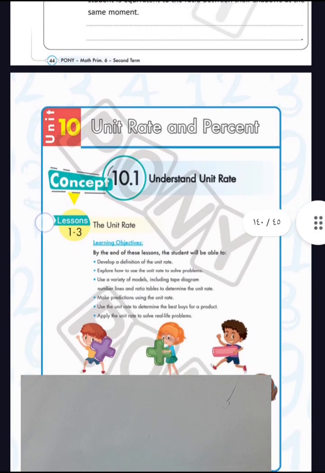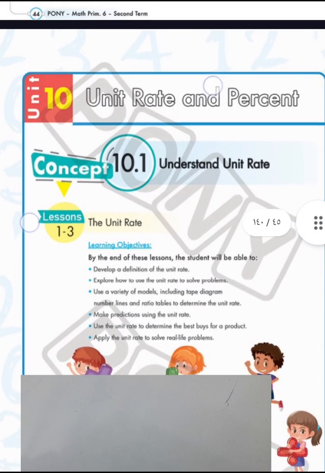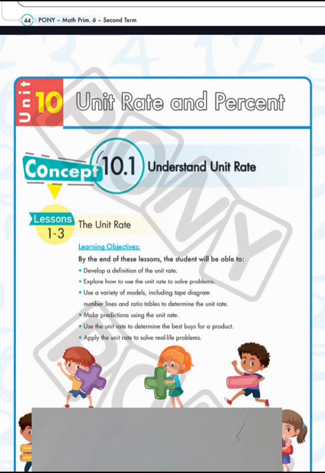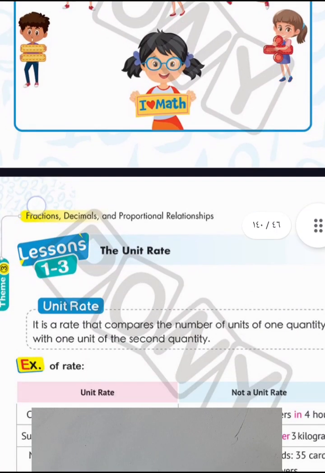Now, the next topic, unit 10: unit rate and percent. We can write the unit rate. And what about percent? Okay, I will explain now. What is the unit rate?